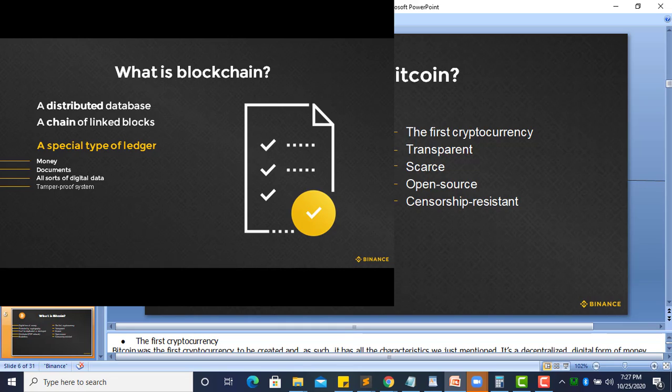A database is like you in your house. You have a computer, right? The computer or the phone you're using for Zoom with me now. You are in your house, every other person is in their own house, and all of us are connected together. So you are like a server, a database.